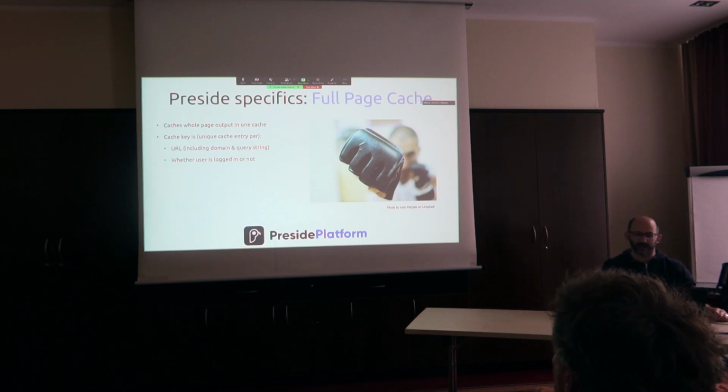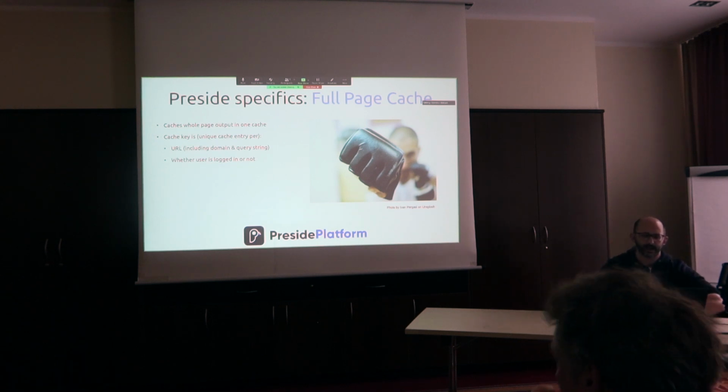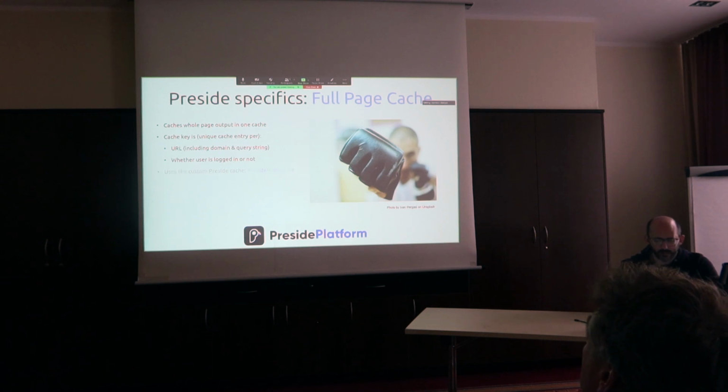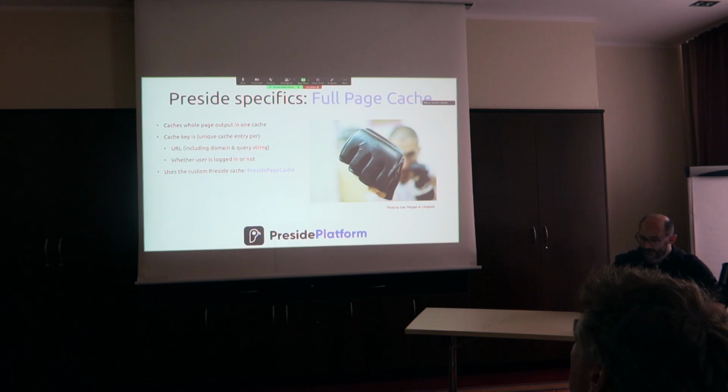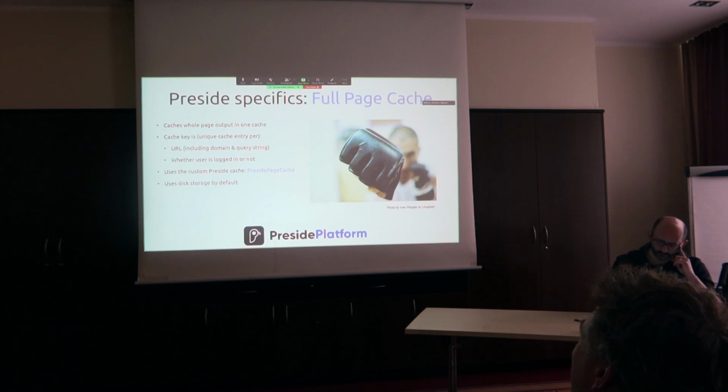Anything further than that, like user-specific things that are shown, we'll cover, but two versions of every cache. So it uses its own Preside cache that's defined in Preside's core Cachebox CFC called the Preside page cache. So if you want to reconfigure that with different parameters, it's a disk cache by default, but you might want to put it in memory, but make sure you have lots of memory if you do that. Oh, I covered that.